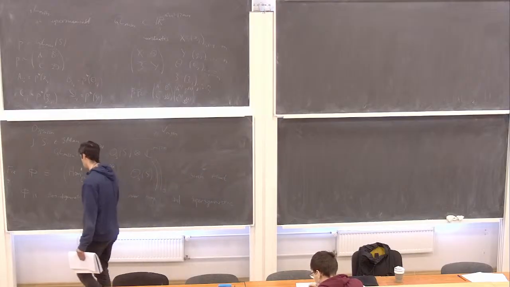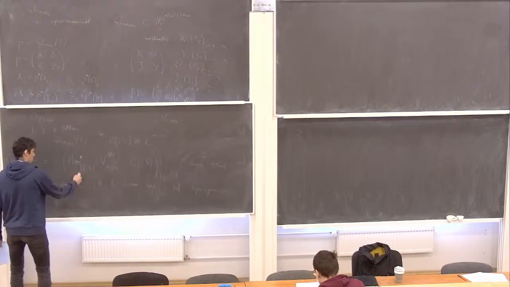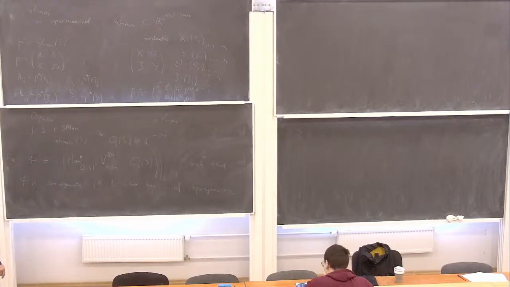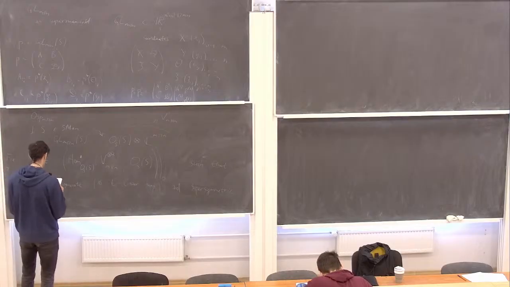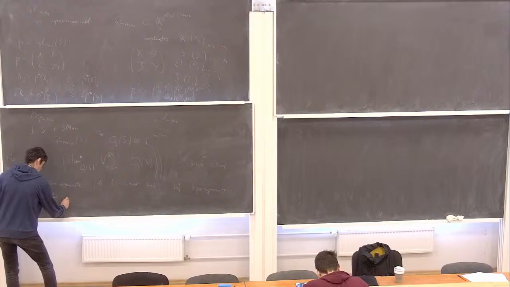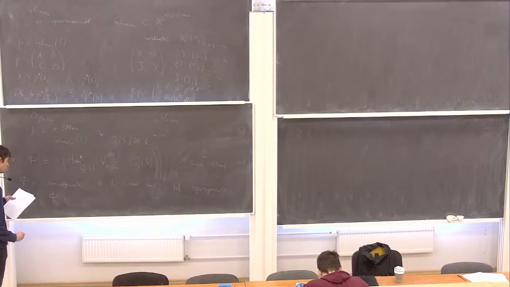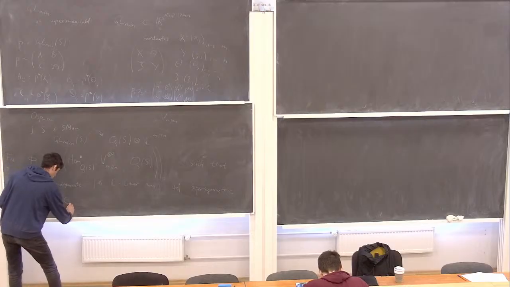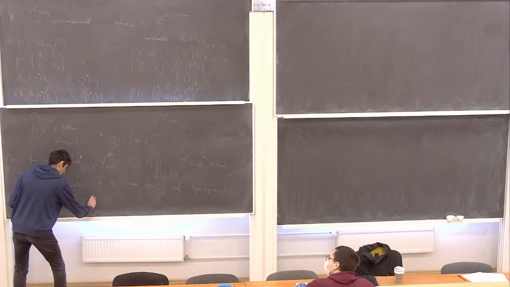Meaning that, okay, it's a morphism from this to this, right? So I really would like the following. If I precompose phi with the braiding on V^(m|n), then I get the same.